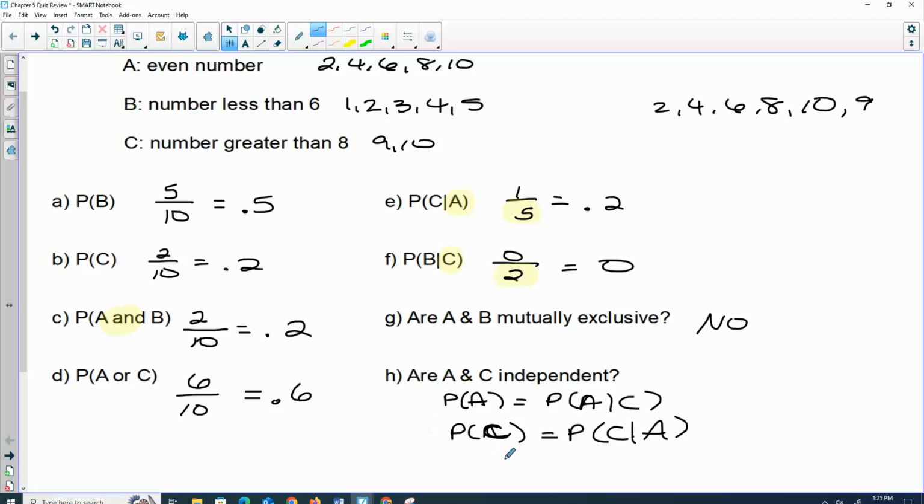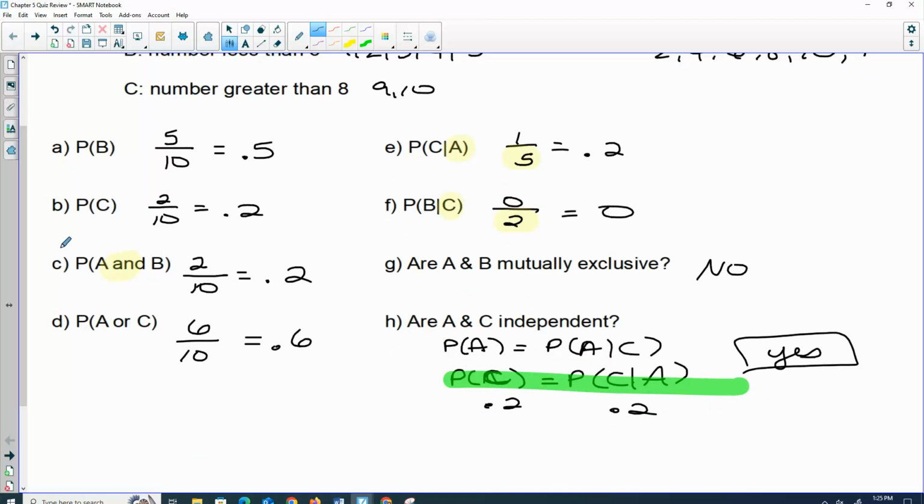What's the probability of being in set C? 0.2. What's the probability of being in C given that you were already in set A? 0.2. If those are the same, then they are independent. You only have to do that for one of the sets.